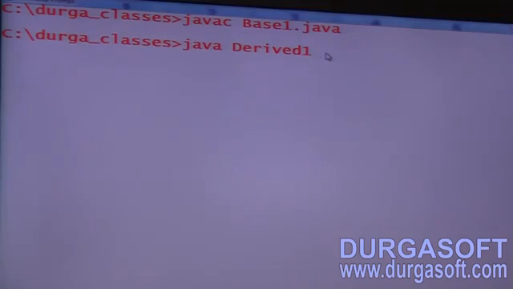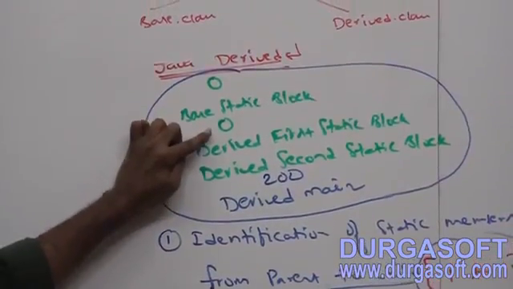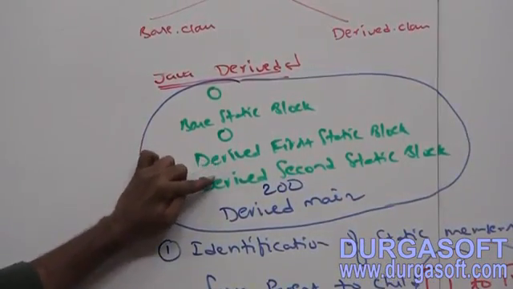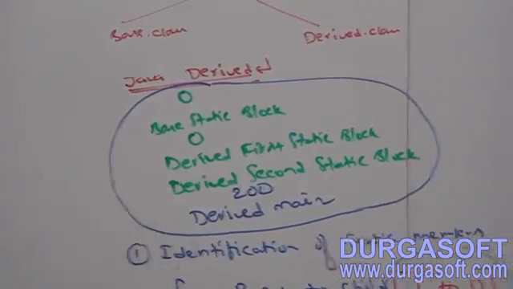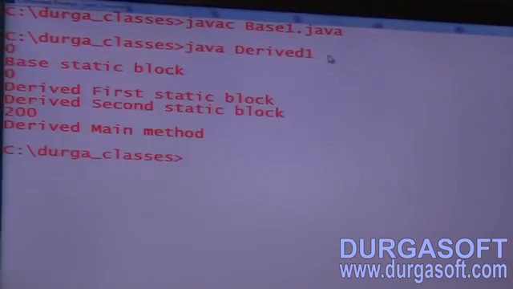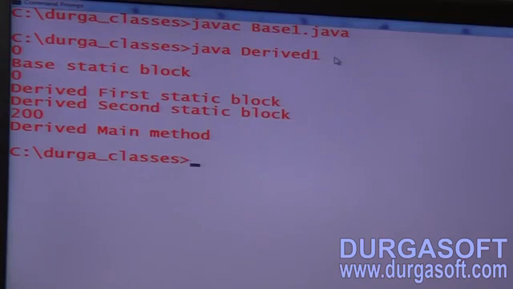What output are we expecting? 0, base static block, 0, derived first static block, derived second static block, 200, derived main method. That is my expected output. Let me cross check: 0, base static block, 0, derived first static block, derived second static block, 200, derived main method. Is it clear for all of you?